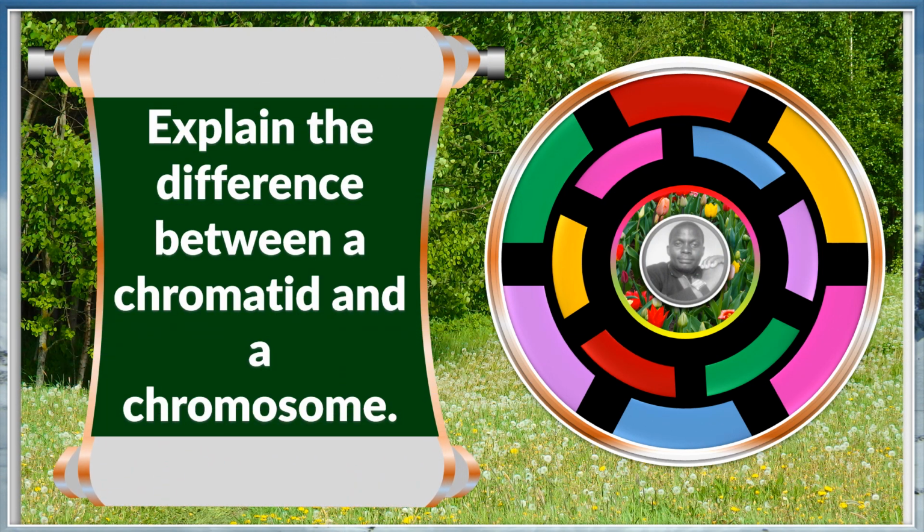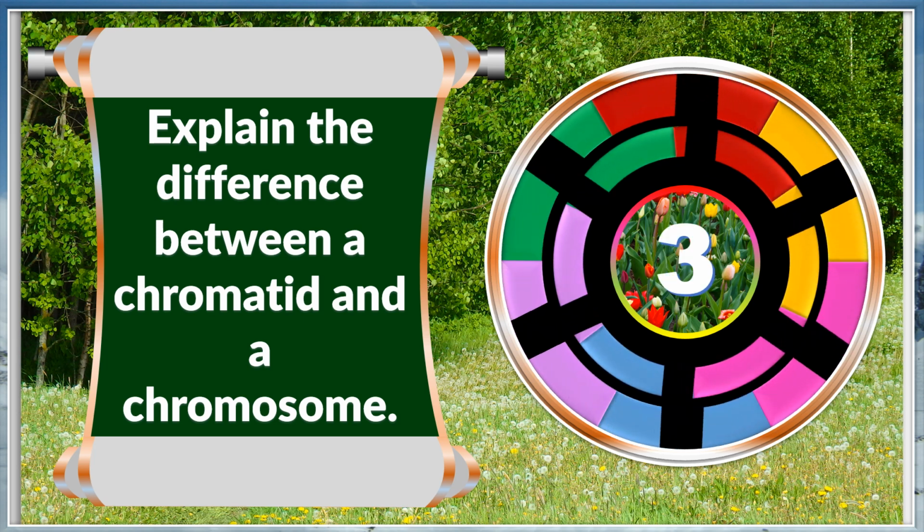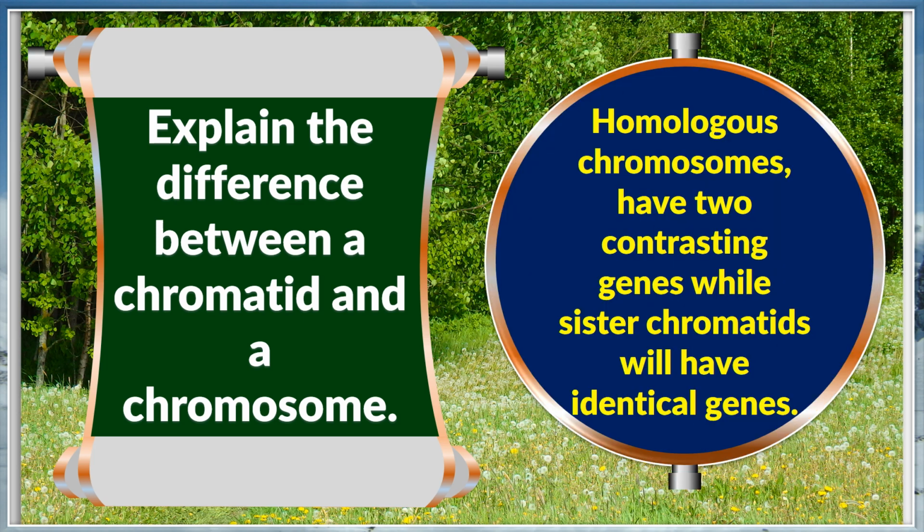Explain the difference between a chromatid and a chromosome. Use a diagram with your explanation. Homologous chromosomes have two contrasting genes, while sister chromatids will have identical genes.